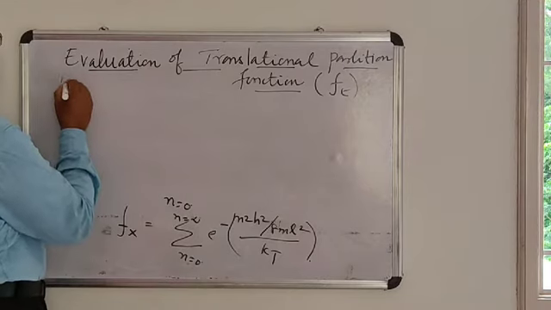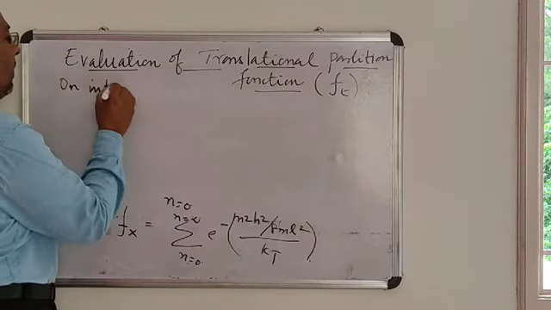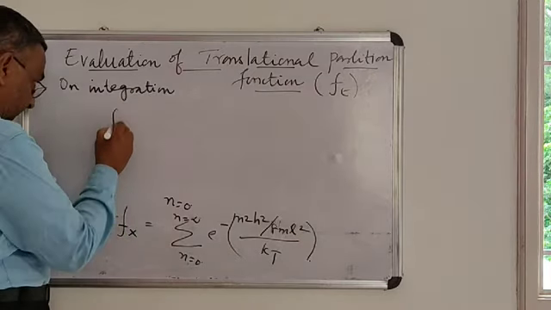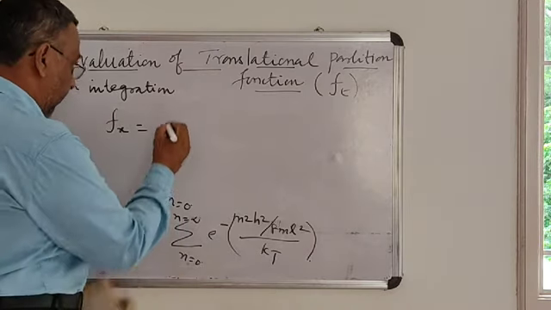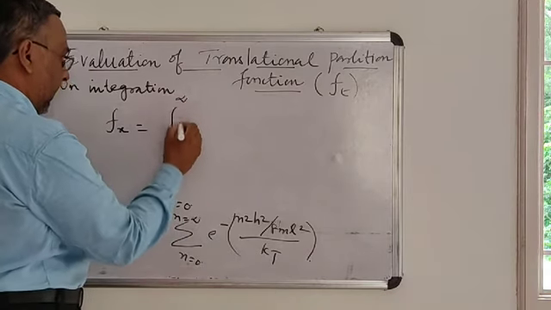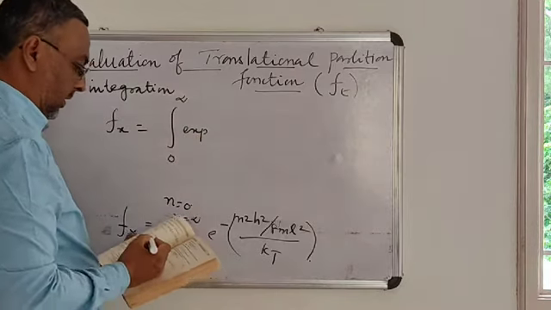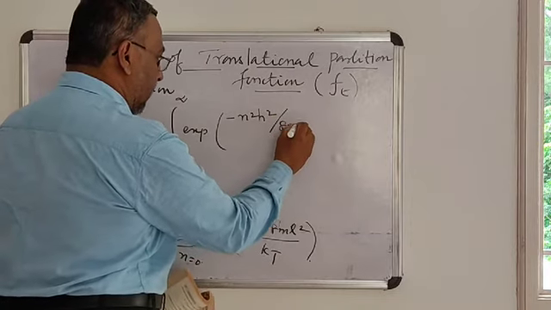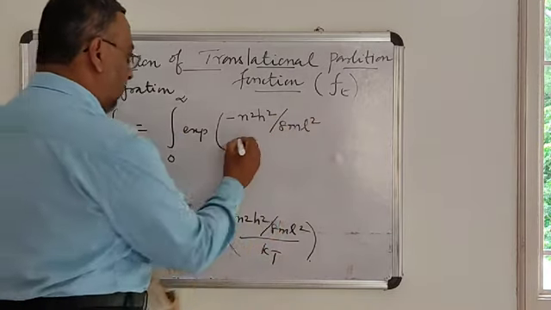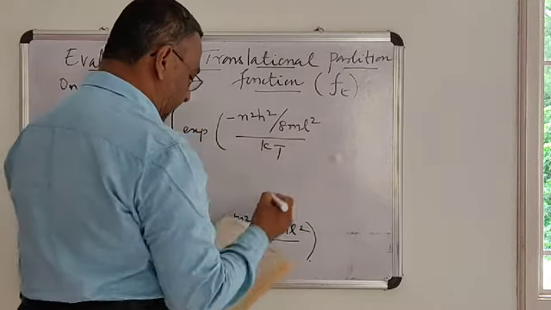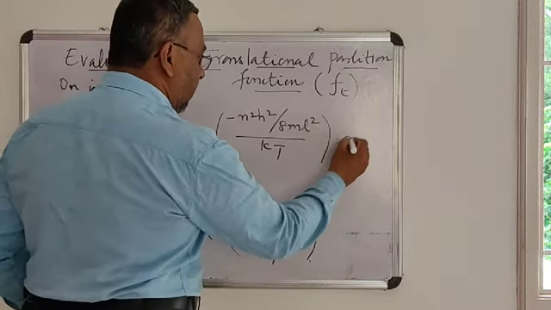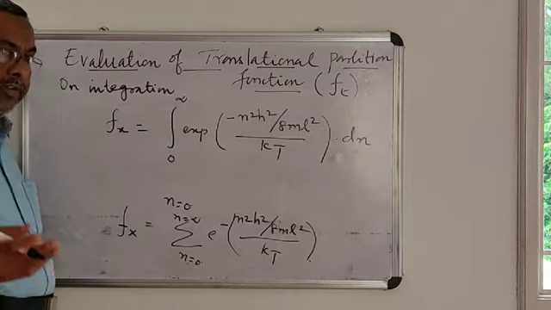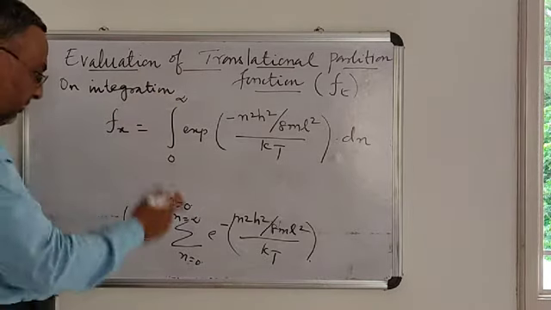On integration, f of x is equal to the integration from 0 to infinity of exponential minus n square h square divided by 8 m L square divided by kT, into dn. This is the integration, that is, summing all the energy levels from 0 to infinity.